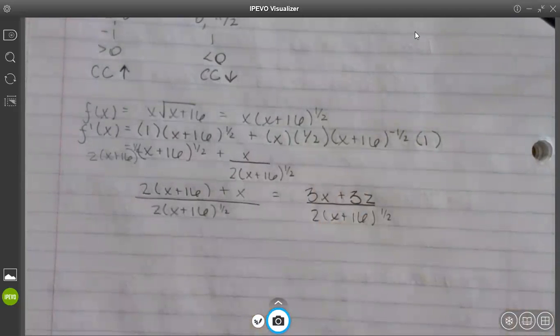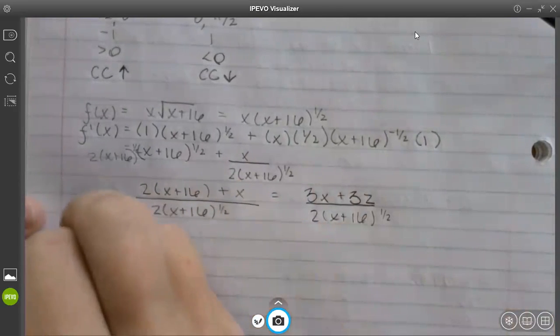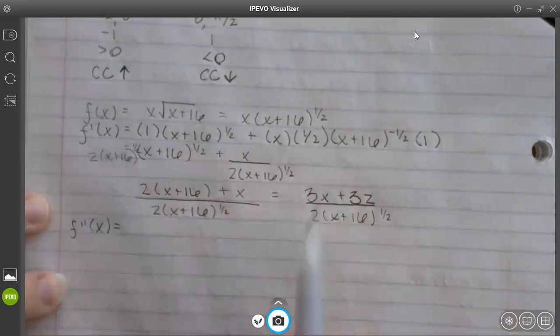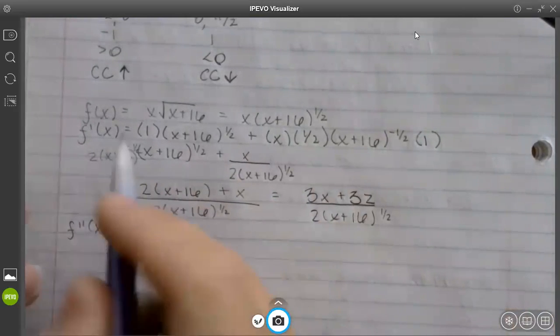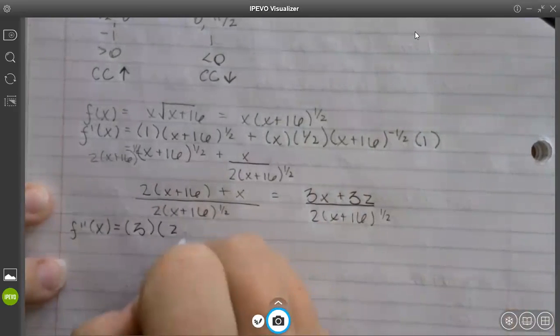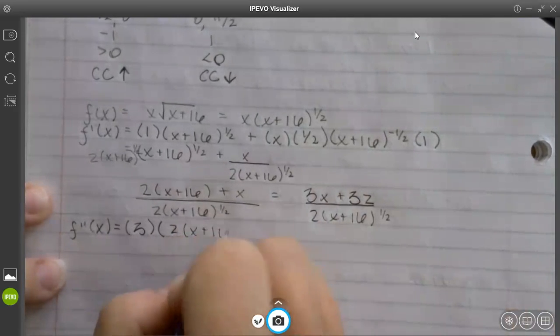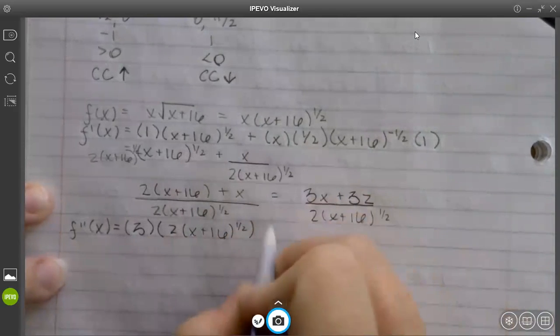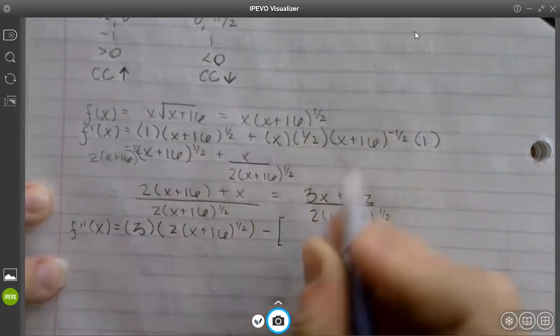You can move the bottom up and do the product rule. You can do the quotient rule. It doesn't matter. I'm going to just do the quotient rule. Whatever you like is perfectly fine as long as we get the same answer. All right. Derivative of the top times the bottom minus the derivative of the bottom.